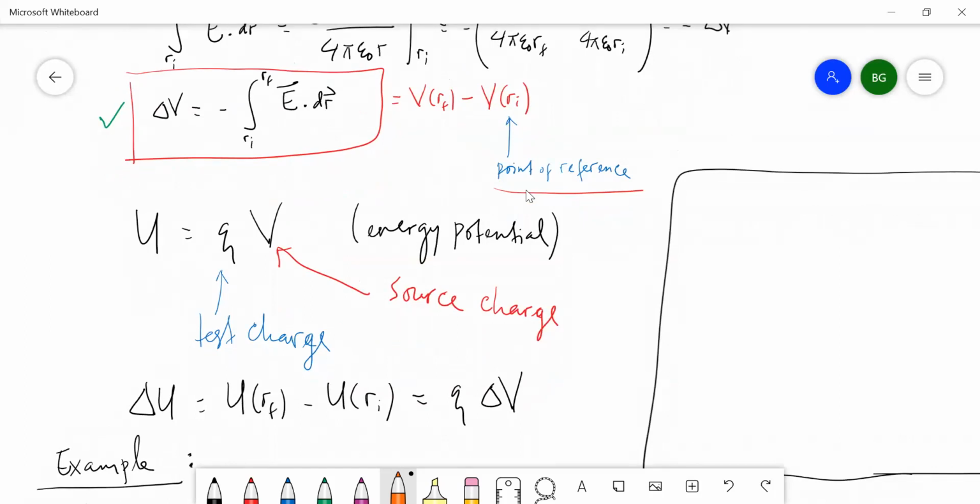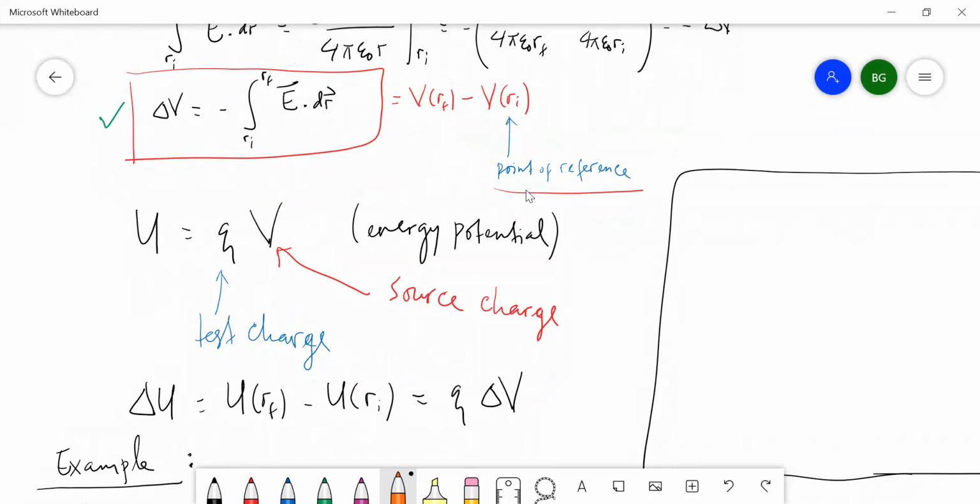There is a capital U, which we call the potential energy, equal to q, the test charge, times V, the potential function of the source charge.